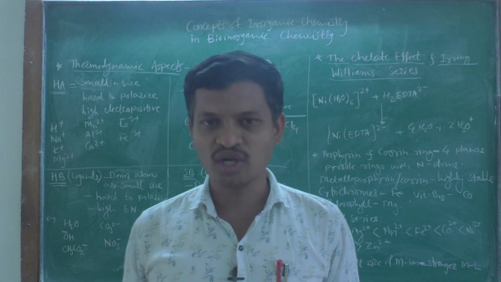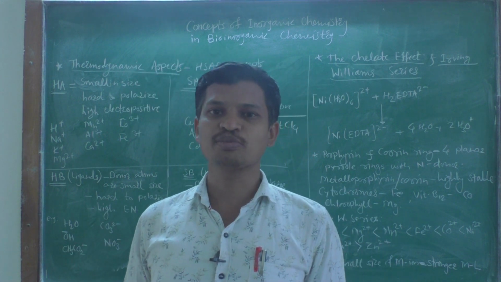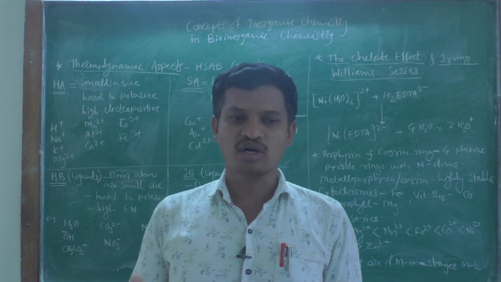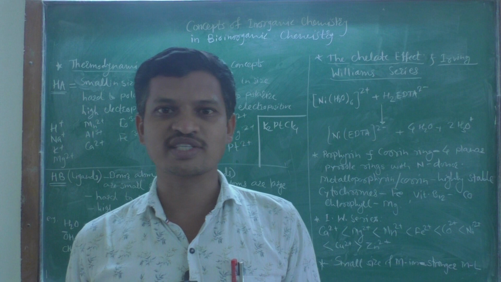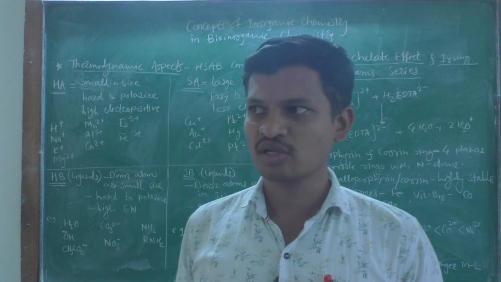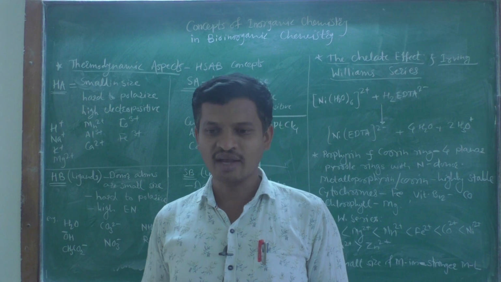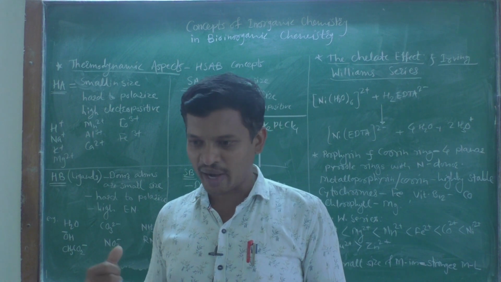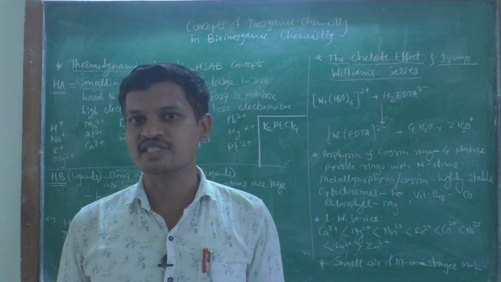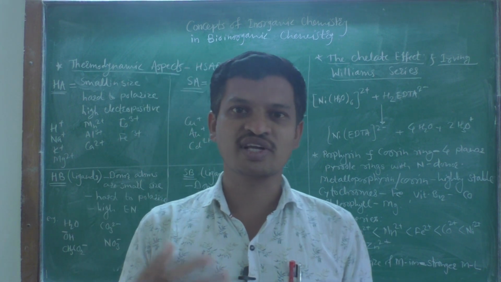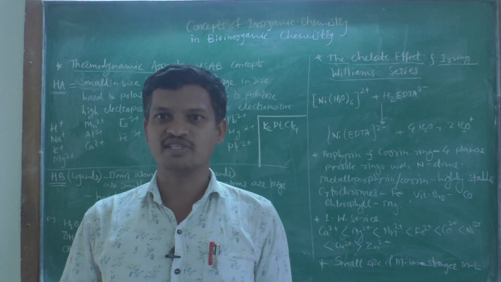So basically, what are Lewis acids? Lewis acids are nothing but the electron deficient species which are able to accept a lone pair of electrons, a pair of electrons. Such chemical species we call Lewis acids. And depending on the binding property of that Lewis acid, these Lewis acids are further classified into hard acids and soft acids.